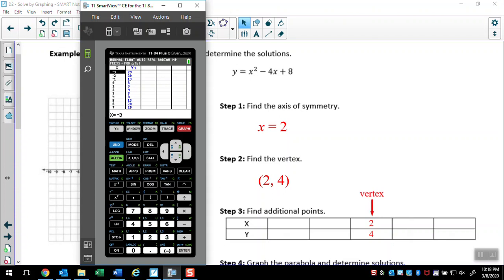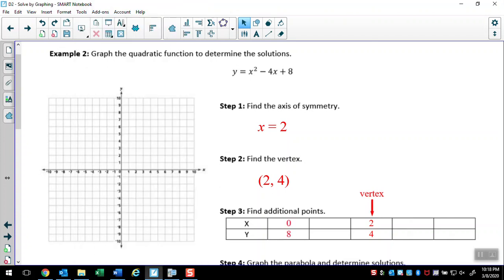I'm going to pull the 2 points above it and the 2 points below it. I ended up with 0, 8, 1, 5, 3, 5, and 4, 8. In this case, this table is written out horizontally instead of vertically like the ones I did last time. Now we can go ahead and graph all of our points.